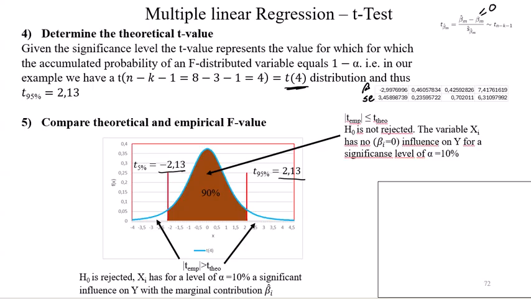Since we make a two-sided test, we are setting the null value to 0. So we just have to calculate the ratio of our estimated beta value divided by the standard error.